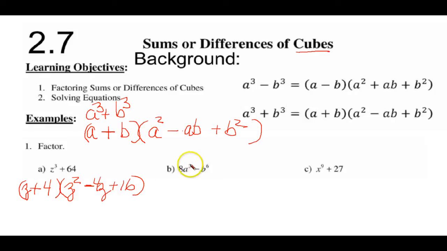Okay, this is a perfect cube. This is a perfect cube. It's the difference. So, parenthesis for 2, parenthesis for 3. Now, what sign goes here? Negative. So the opposite sign goes there, positive. The cube root of this is 2a.